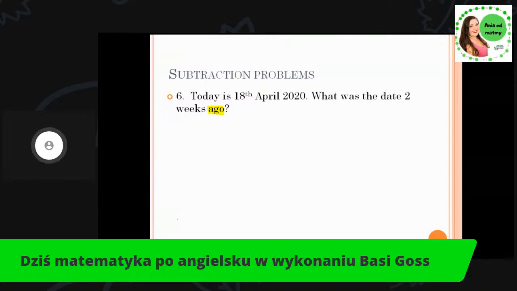We need to think a little bit how we're going to use our numbers. We've got the 18th, which is the day today, and we've got the number 2, and then we've got weeks, and we know that 2 weeks is how many days? How many days in 2 weeks?